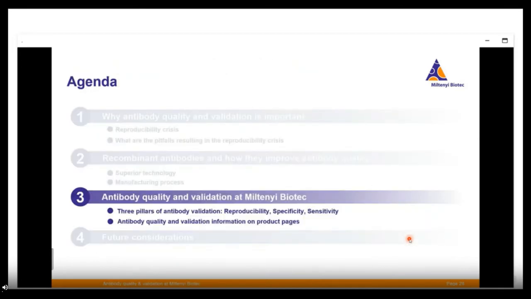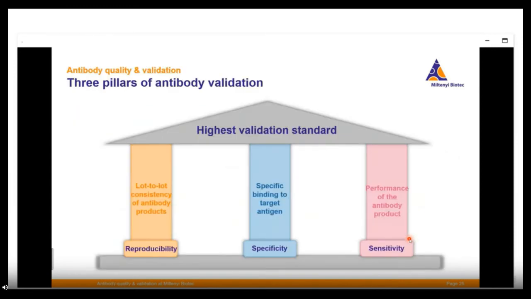Now, in the next part of my talk, I would like to emphasize antibody validation and our company's effort on this topic. Several key opinion leaders in the antibody field have discussed and defined the standards which are required to achieve highest quality antibodies.